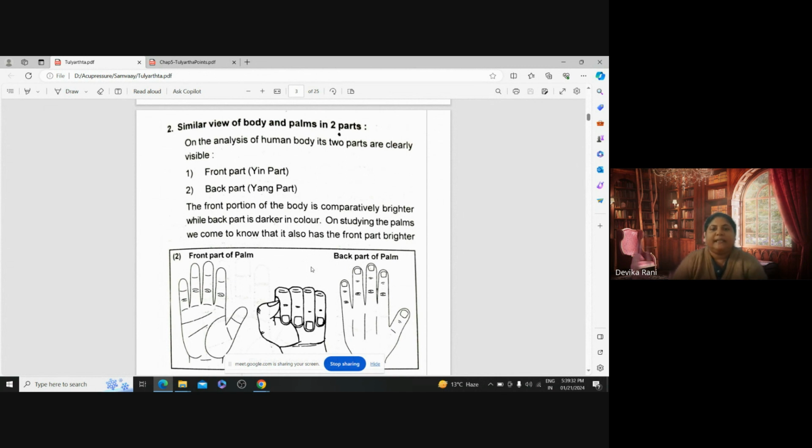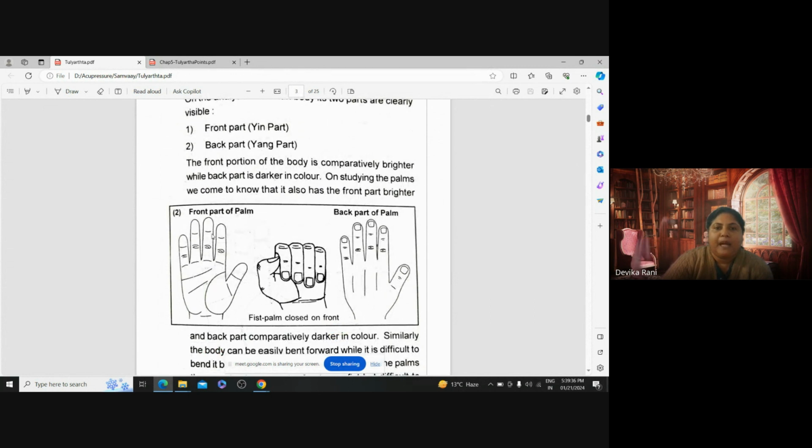Similarly, in your palms, the front part is lighter, and it is called the yin part, and the back part is called the yang part, and it is darker.